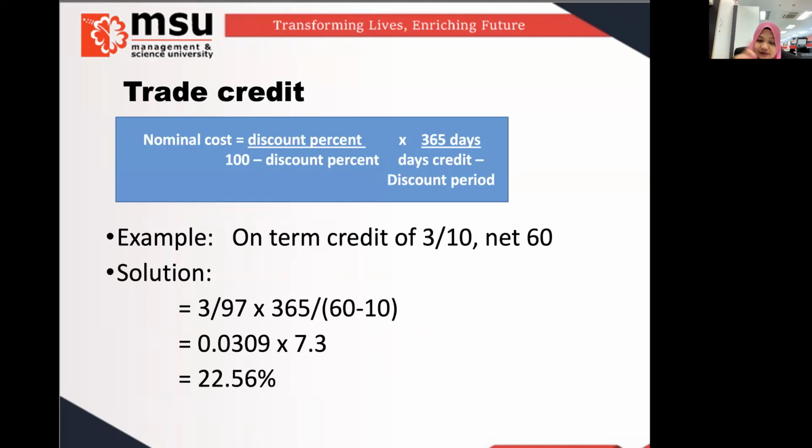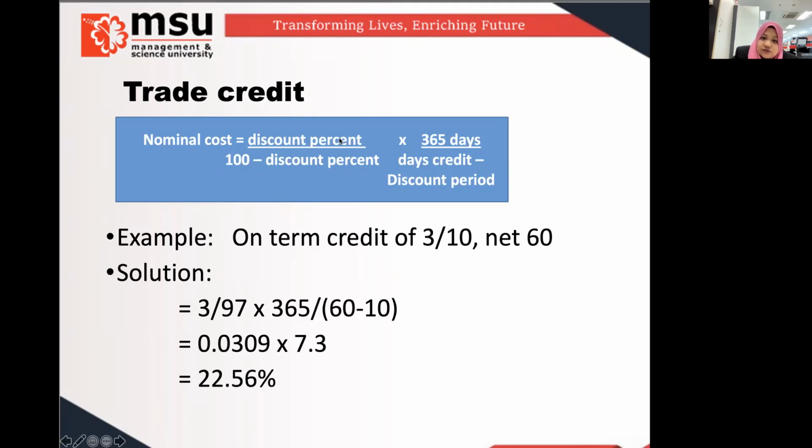All right, now the question is how much is the nominal cost if you forgo the discount, meaning you do not pay within the 10 days, you pay later. How much is the cost you will incur if you do not pay during the discount period? How to calculate this? It is the discount percentage divided by 100 minus the discount percent.